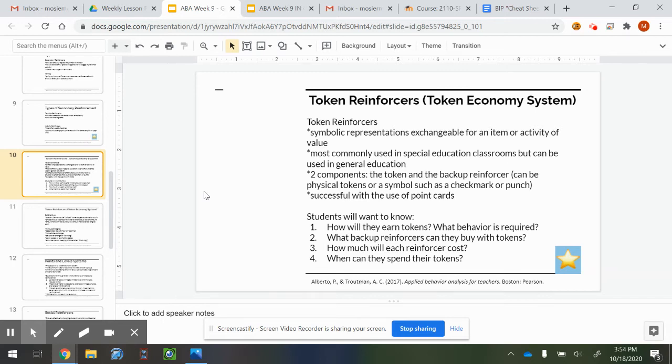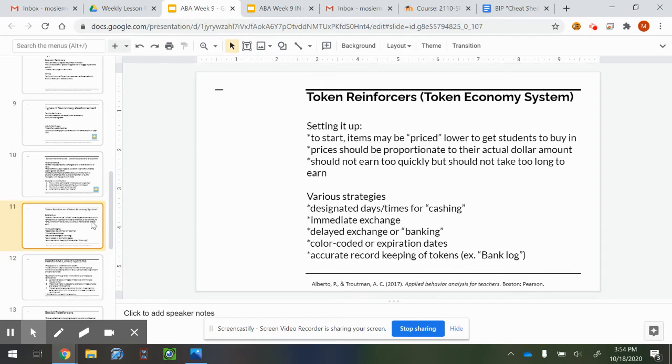So what items are available for them to buy? They'll also want to know how much each reinforcer will cost and when they can spend their tokens to buy the backup reinforcers. So when you're setting up your own token economy system, make sure that your plan answers those four questions because those are the four things that students will want to know and need to know.